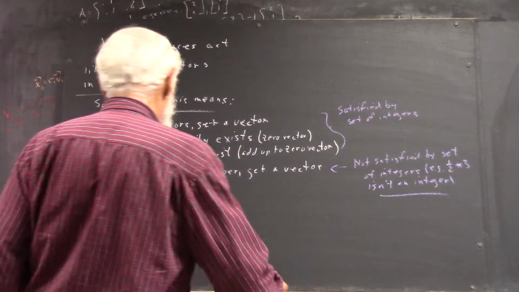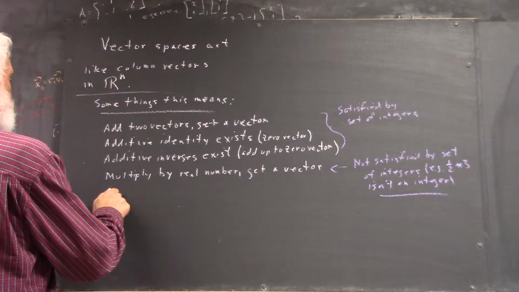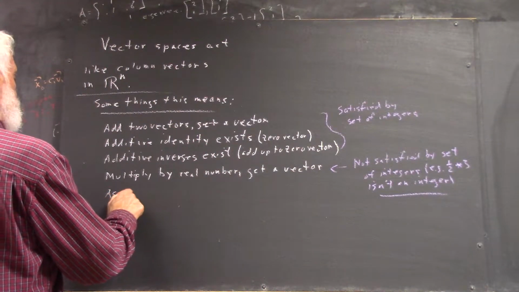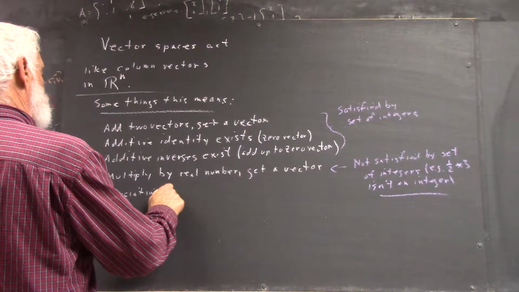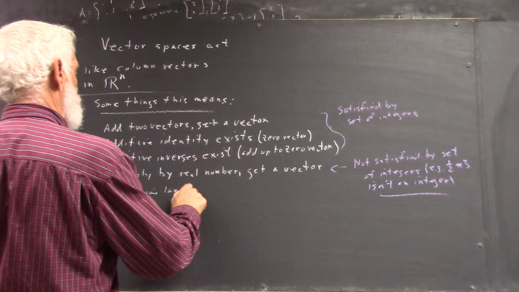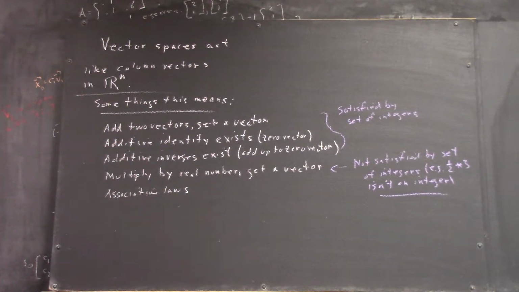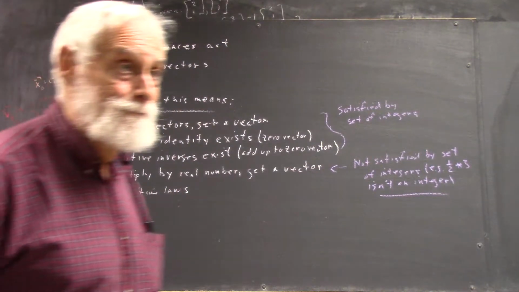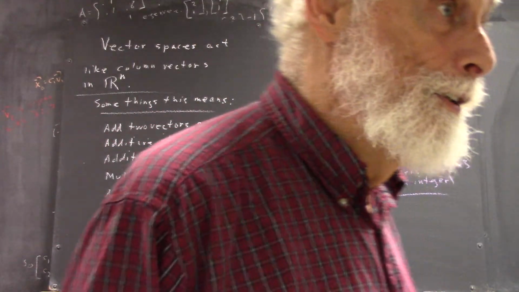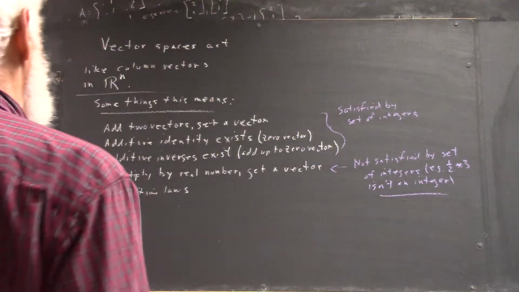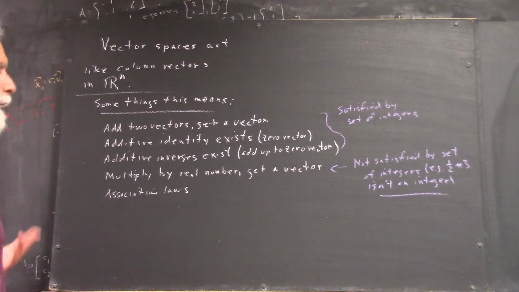Now, you also have an associative law, and there are actually a couple of associative laws, and we're not going to worry about those right now. Because for one thing, they're kind of tedious to prove, but they're not that hard to understand, okay?